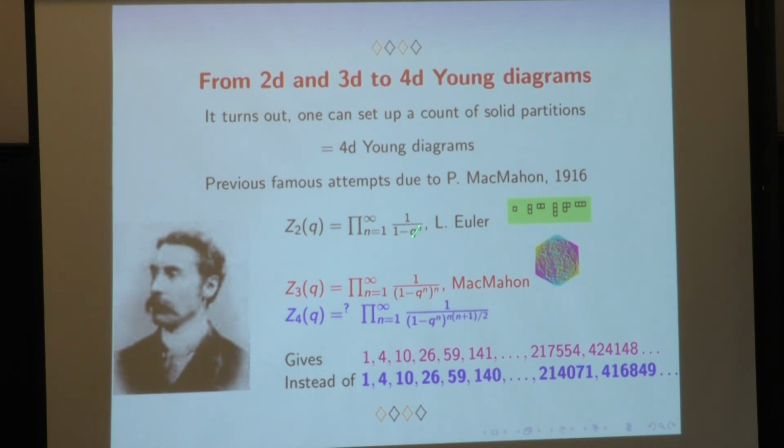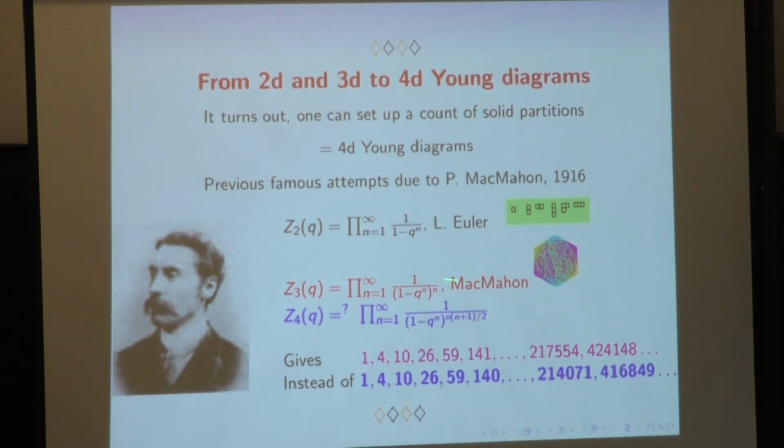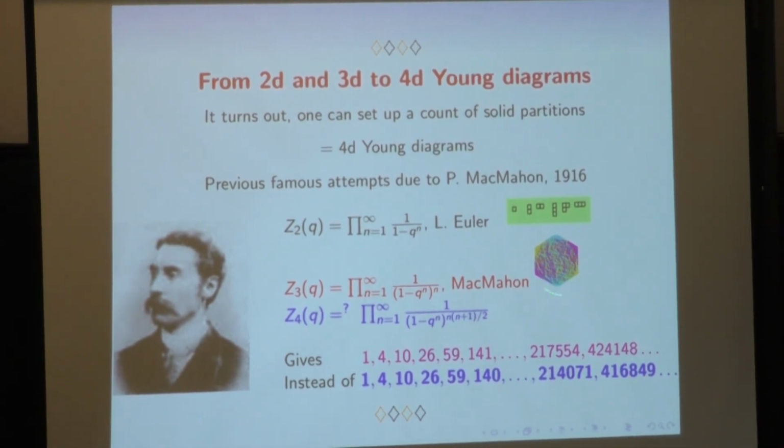And the generating function for the number of partitions of a given size, you can compute. It's a very simple computation. That's a free boson in 2 dimensions. Now, McMahon started by counting partitions in 3 dimensions, and he actually announced a formula which he didn't prove, that the generating function of the number of 3-dimensional partitions also has a simple product form.